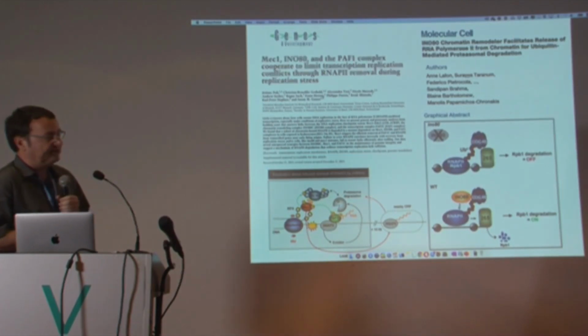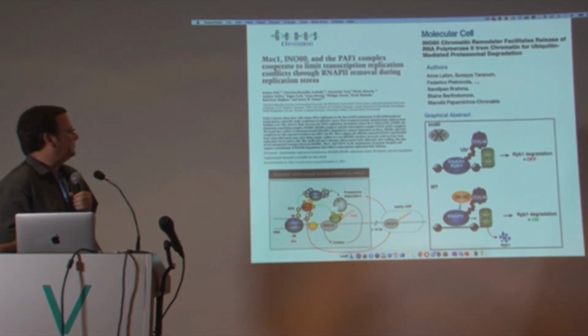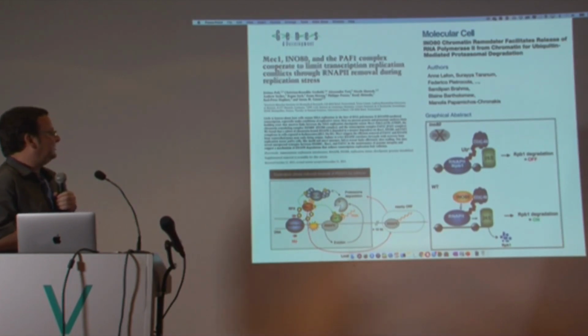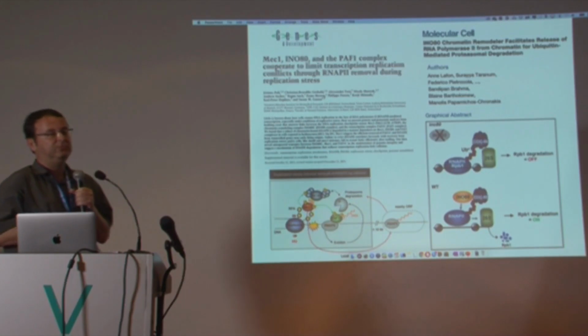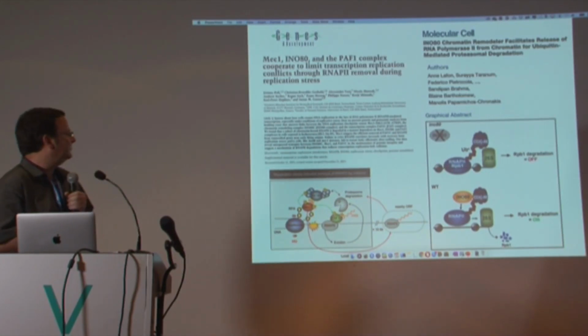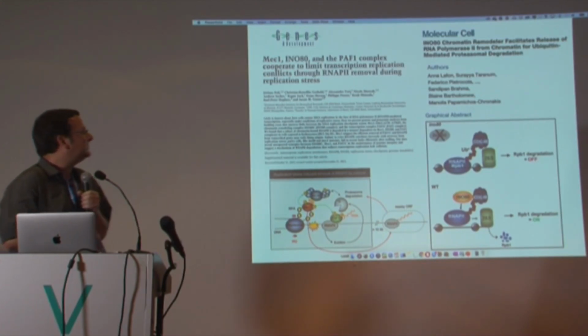At the time we did this work, two papers came out. One from Susan Gasser's lab showed that INO80 is necessary for the removal of a subset of RNA polymerases from chromatin, and that this is necessary during S phase to avoid replication-transcription conflicts.